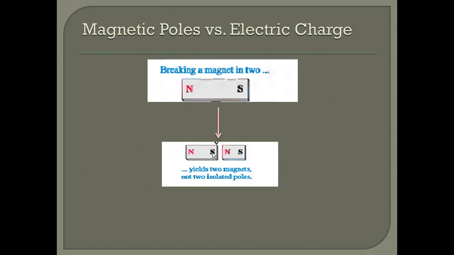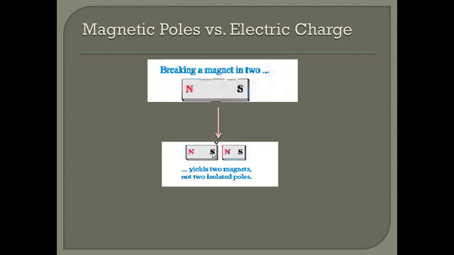This means the resulting pieces of the magnet would still each be a magnet on their own. Therefore, you cannot actually isolate a north pole by itself, nor a south pole by itself.